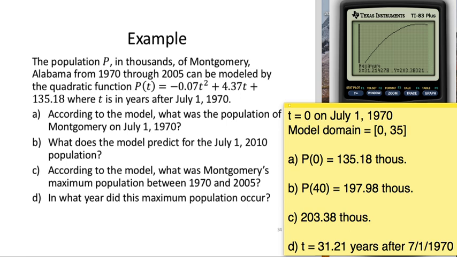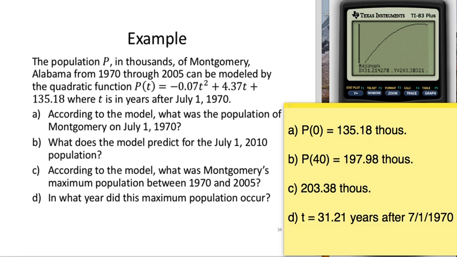What year would that be? Well, if we take the 1970 and add 31 years, that would take us to the middle of the year 2001.